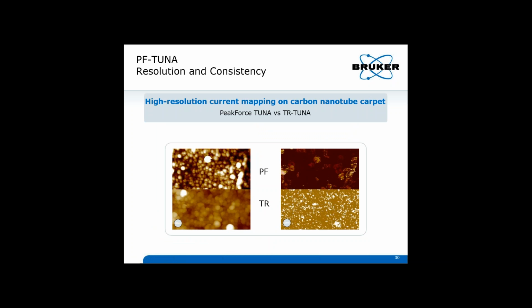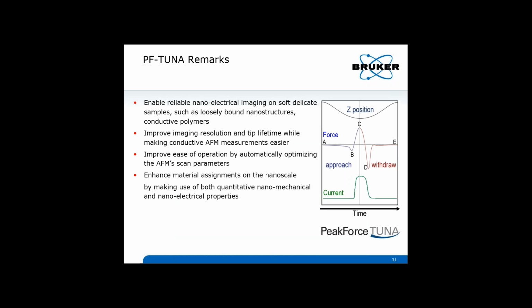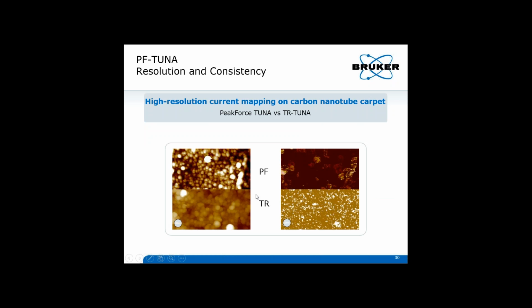We also did the same imaging with TR TUNA. Here is the comparison of the result. As we can see clearly, the images are hugely different. In the TR TUNA image, there are several discontinuous conductive spots on one single tube, as seen clearly here.